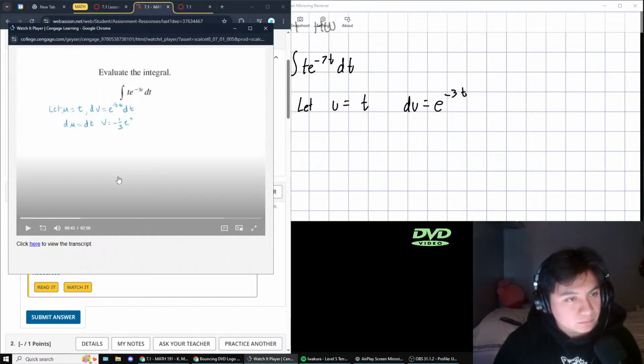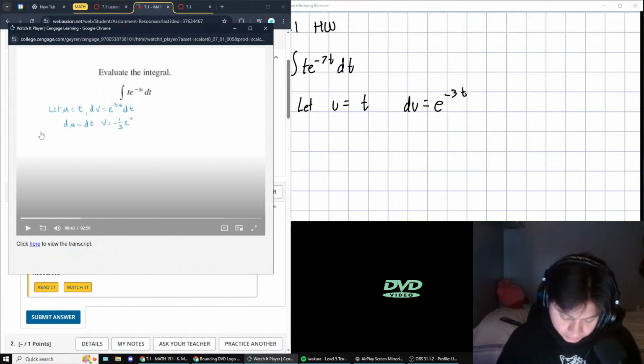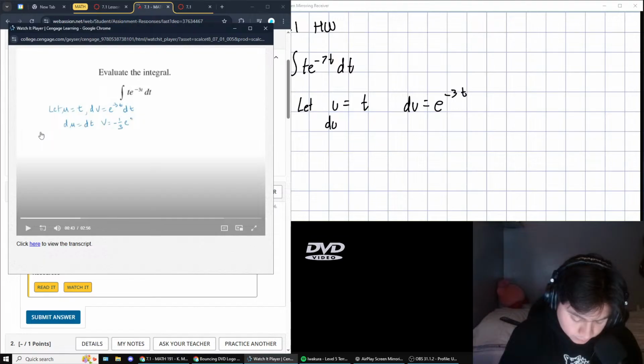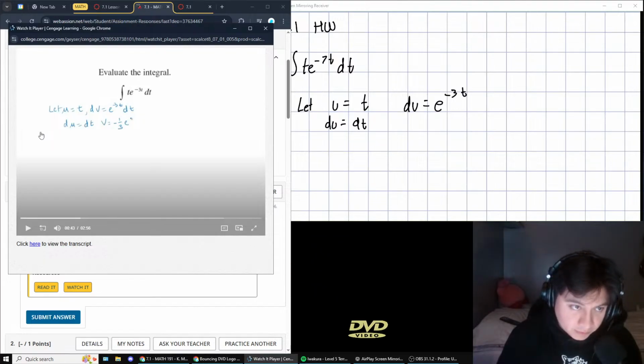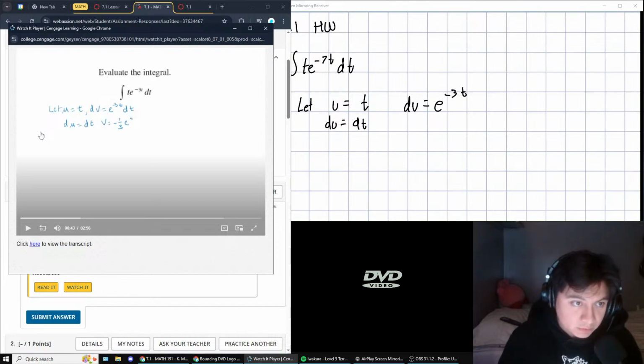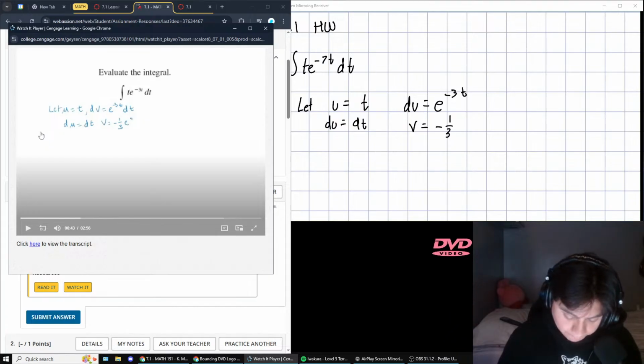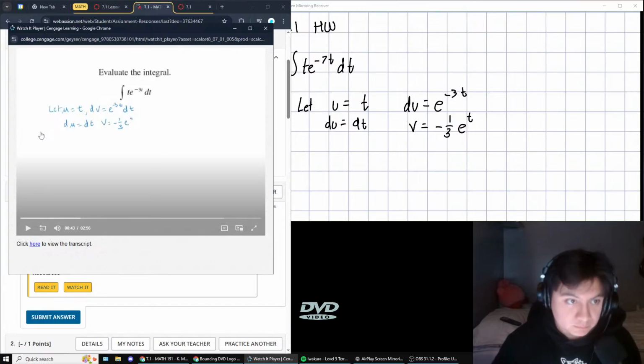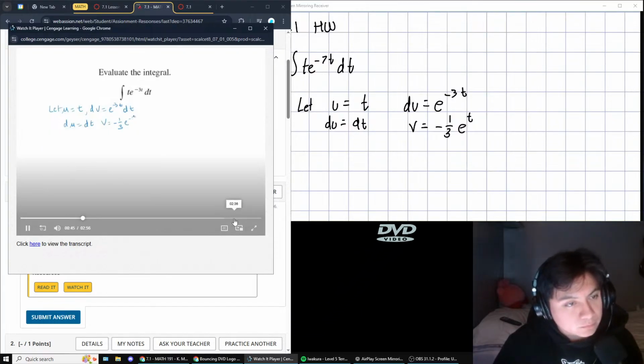So u is equal to t, du is equal to dt, and dv is equal to e to the negative 3t.